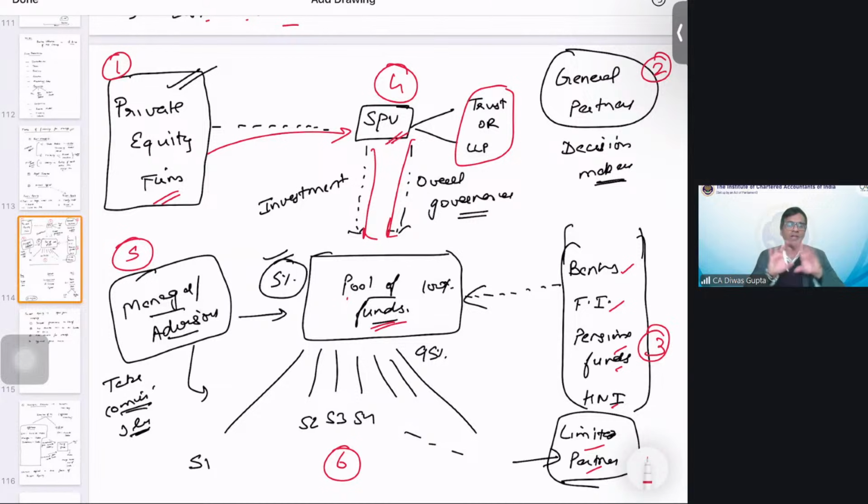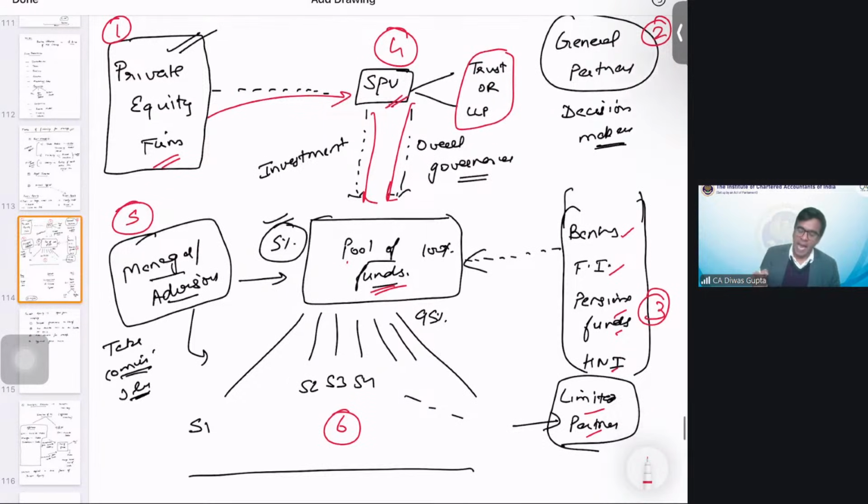So they will create a pool of funds, and then they will appoint a manager or advisor whose responsibility will be to evaluate and assess different investment options, and accordingly finalize and suggest to general partners, who are generally the decision makers.